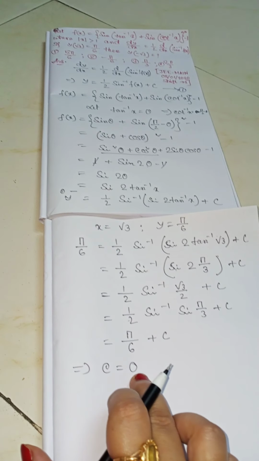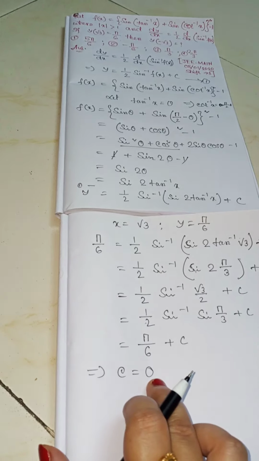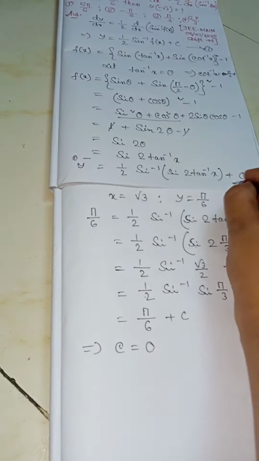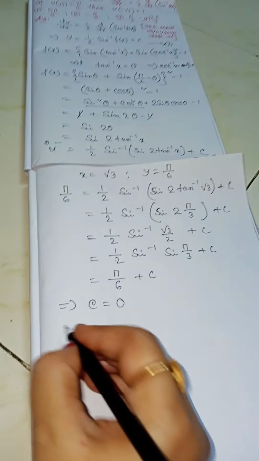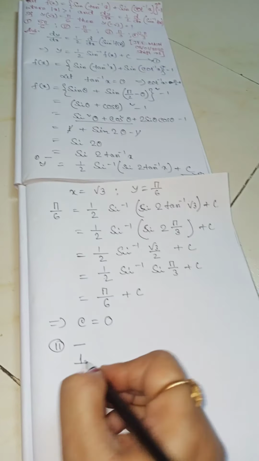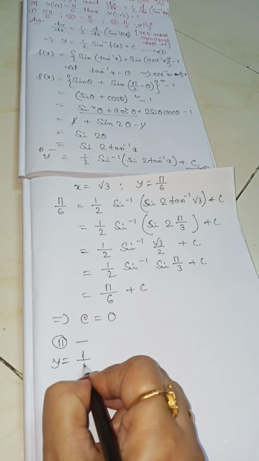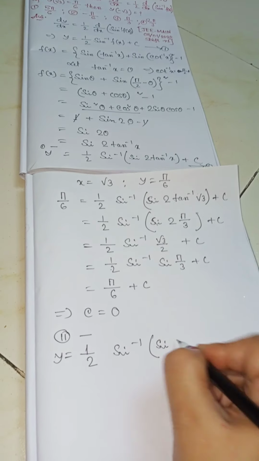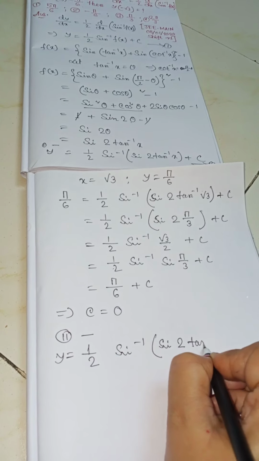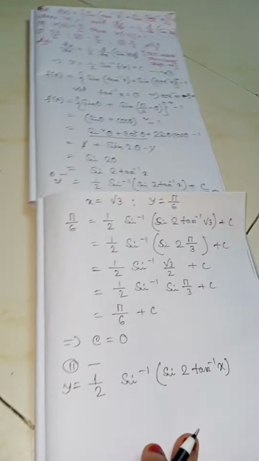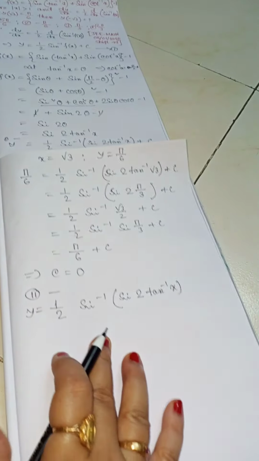Now substituting c = 0 in this equation, this is equation 2. So y = (1/2) sin⁻¹ sin(2 tan⁻¹x), and c is 0 here, so it is nothing.